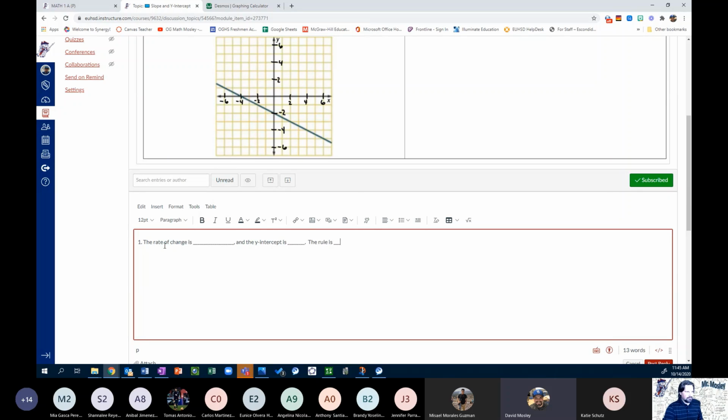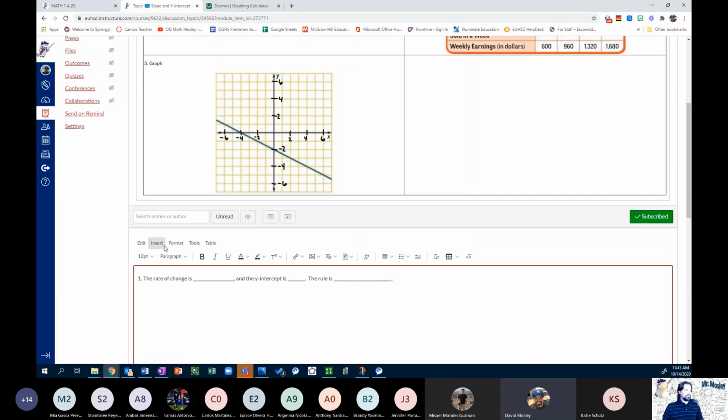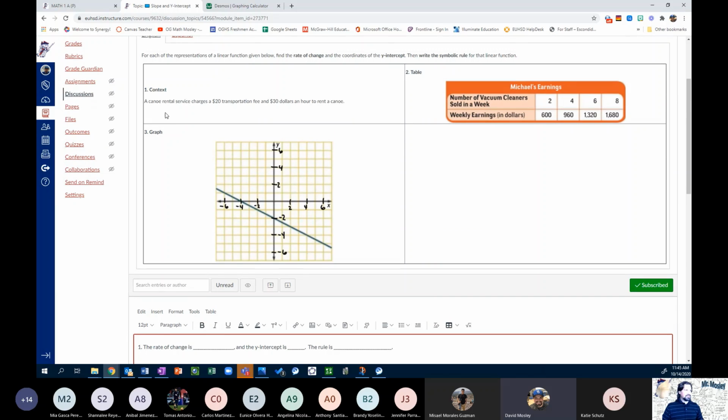Rule is, you type the rule. We're going to do this for each of the 3 representations. So that's the discussion board that you should be able to do after class today.